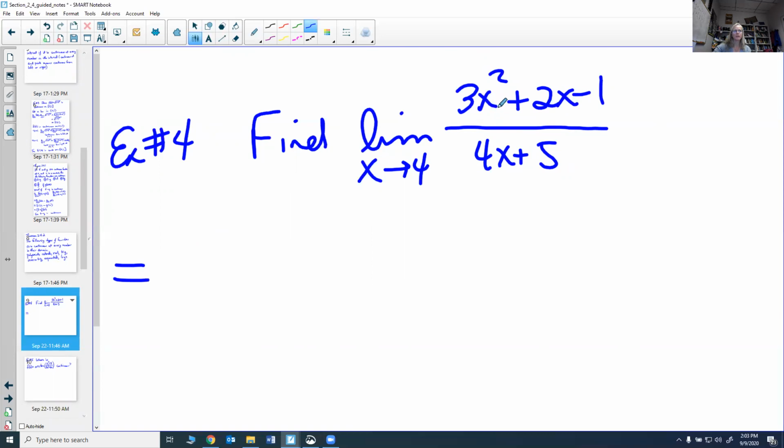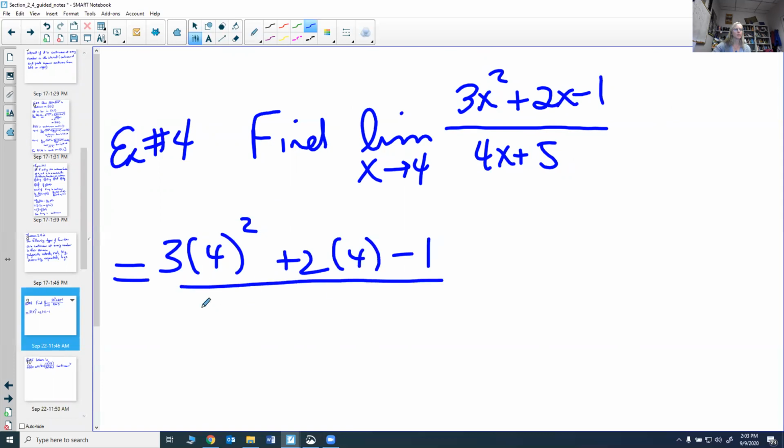So let's just see what happens when I plug 4 in for x. Continuity tells me that the limit should equal the function evaluated at 4. Let's see what happens when we do this.